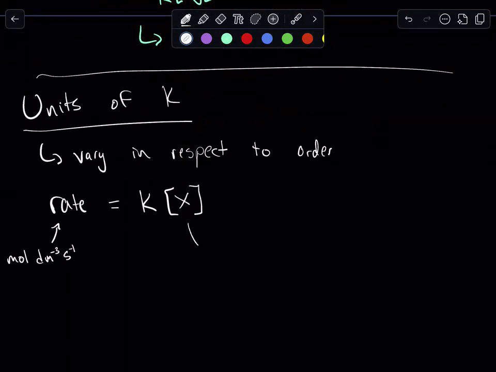We know that the concentration of X has units of mol dm^-3. So in this case, using dimensional analysis, k must have units of s^-1. And this is an order 1 reaction.